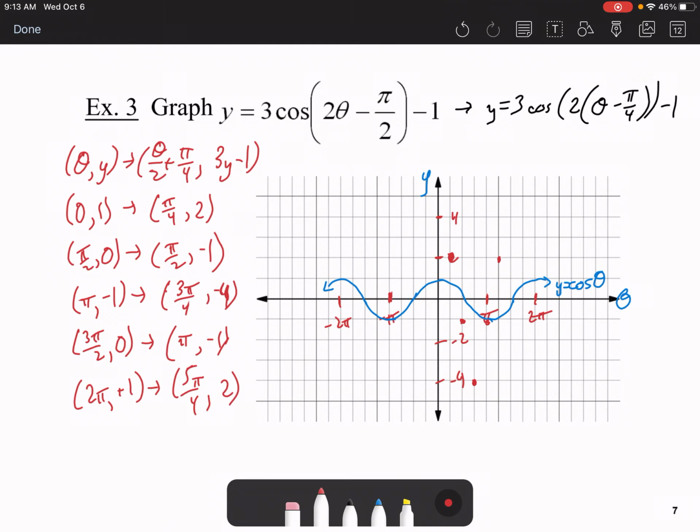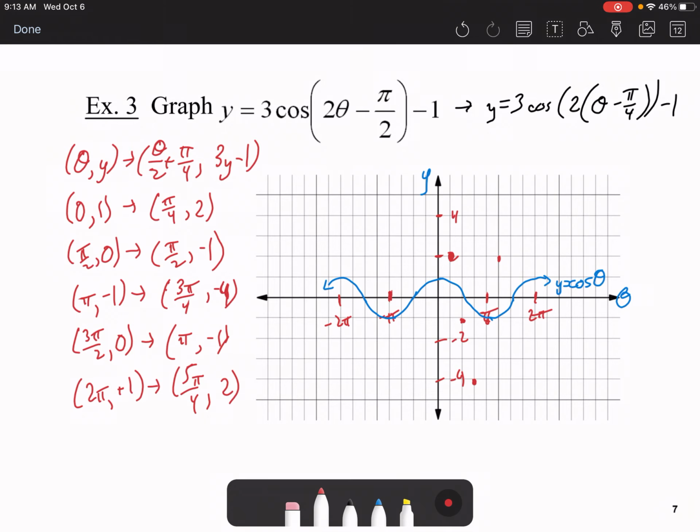And again, if you'd like, copy your items. Extend your graph. Try to make them semicircular in nature. It's very difficult when it's stretched like this. And there we go. Thus concludes this lesson.